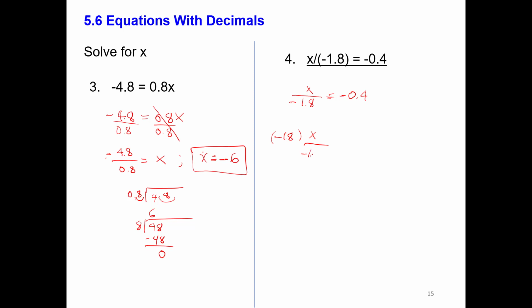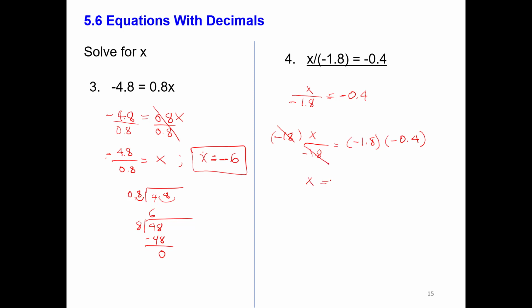Negative 1.8 times x divided by negative 1.8 equals negative 1.8 multiplied by negative 0.4. What we are doing is multiplying by negative 1.8 on both sides. This cancels out, and we have x on this side.